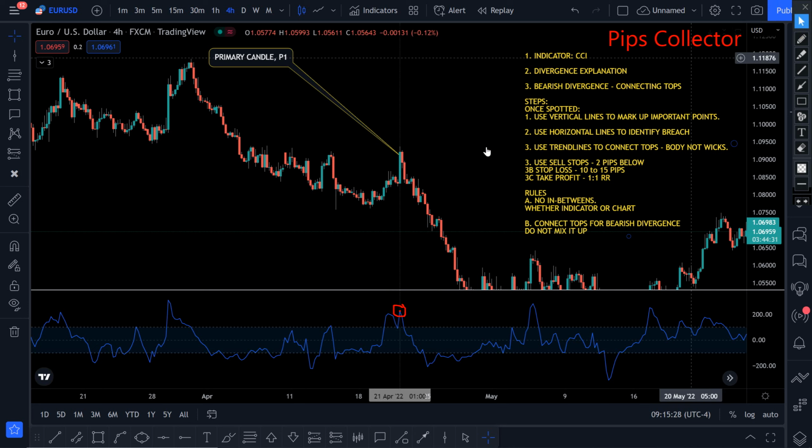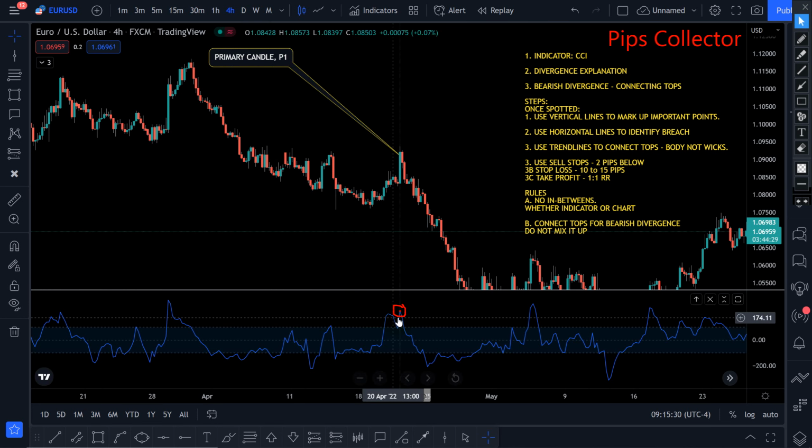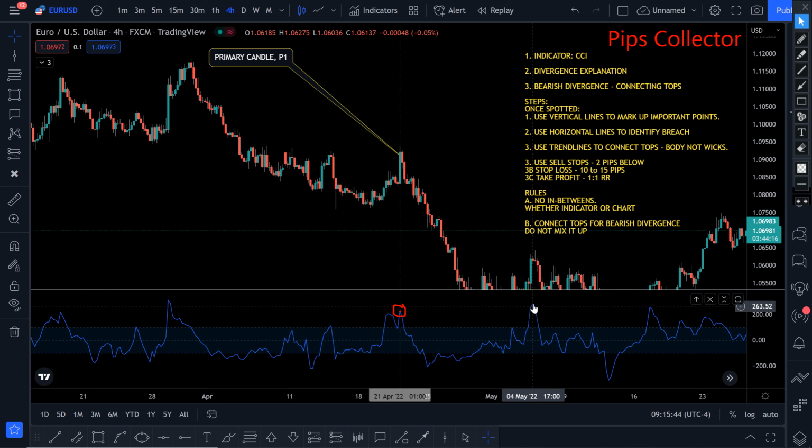So at first you have your primary candle, but before you even pick the primary point, you would already know that this is a peak. That's why most times, if price is here now, I will just say, okay, this is my peak. I'm waiting for the next place price will play.